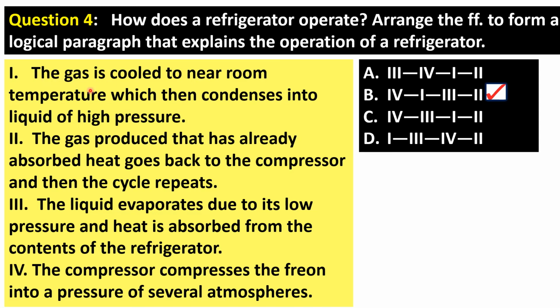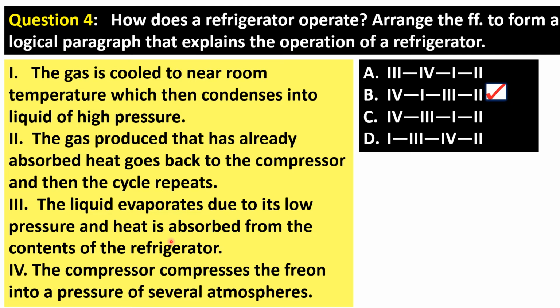This part of the process is what the condenser is doing, outside the refrigerator. After that, we proceed to number 3. The liquid evaporates due to its low pressure, and then the heat is absorbed from the contents of the refrigerator. This now pertains to the evaporator inside the refrigerator.